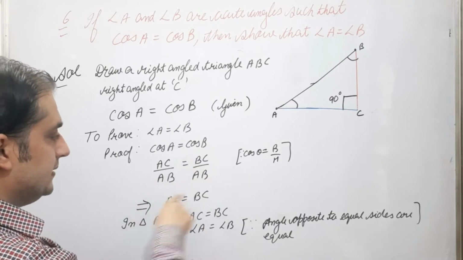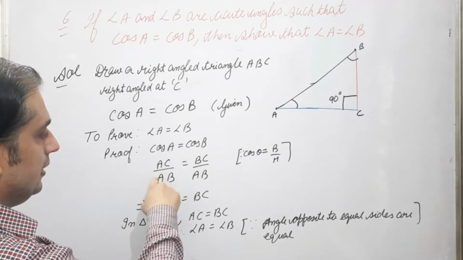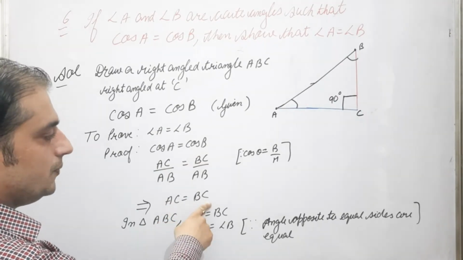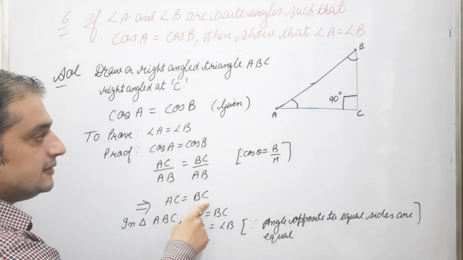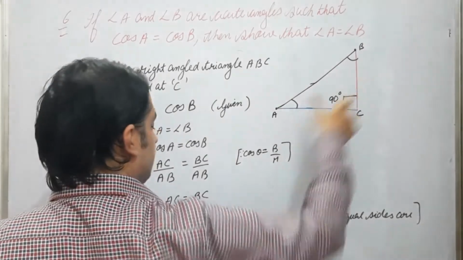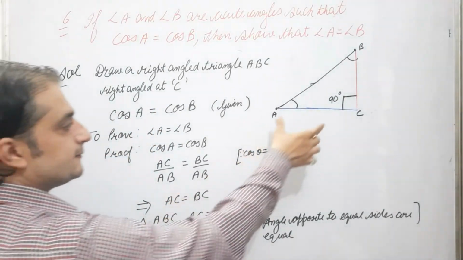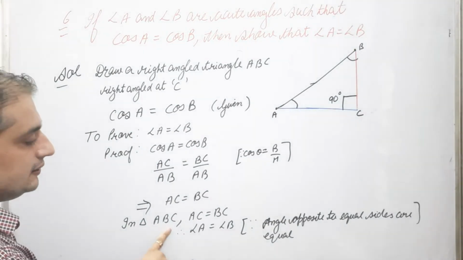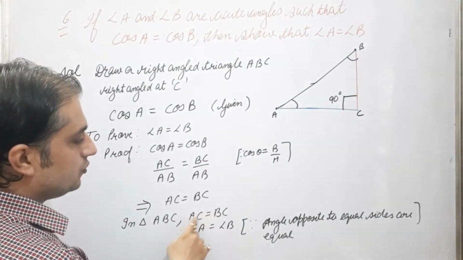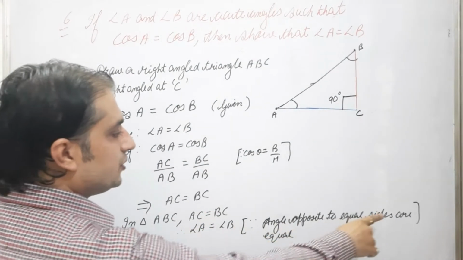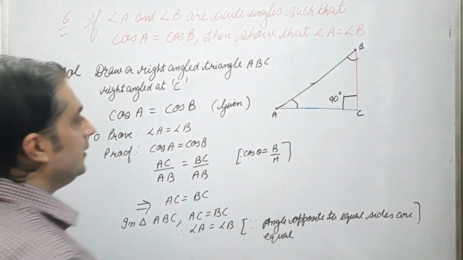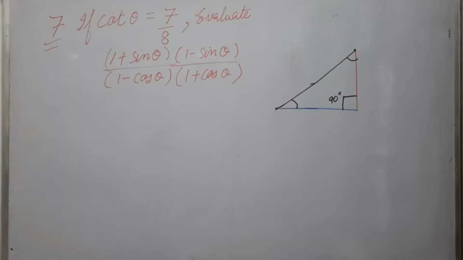So from this you can see if the denominators are equal, the numerators are also equal. AC is equal to BC. This means the lengths of these two sides are equal. Now in triangle ABC, AC is equal to BC. If the two sides are equal, then angles opposite to equal sides are also equal. Hence angle A is equal to angle B, right?